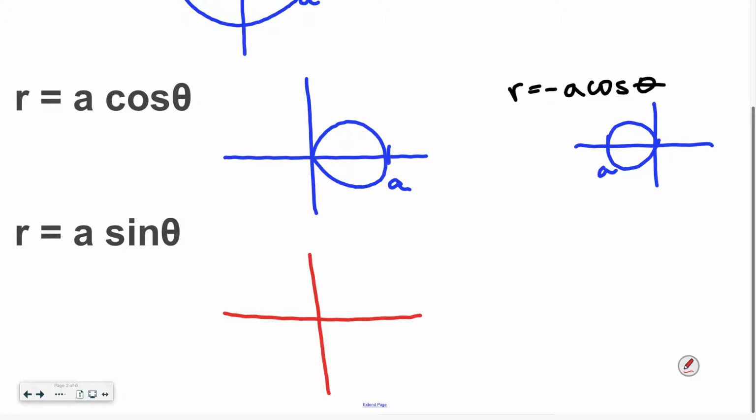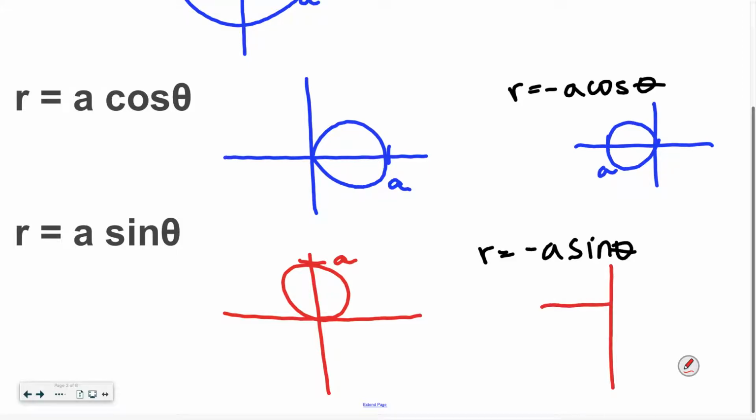Up or down. A positive A will make that circle go above the pole, and negative A will force that circle to go below the pole. Okay? But A is how far we're drawing that circle out, so A is representing our diameter, which is different than the first circle we talked about, centered at the pole.